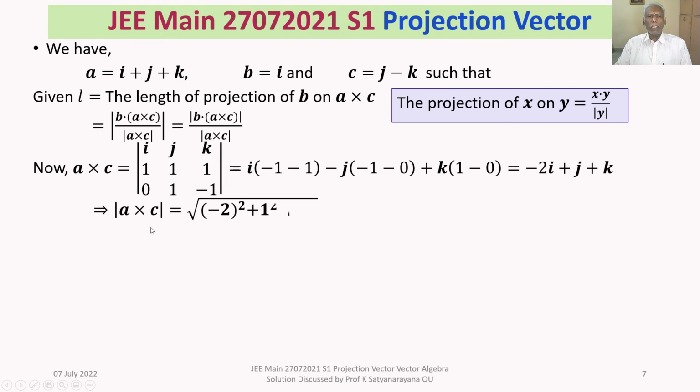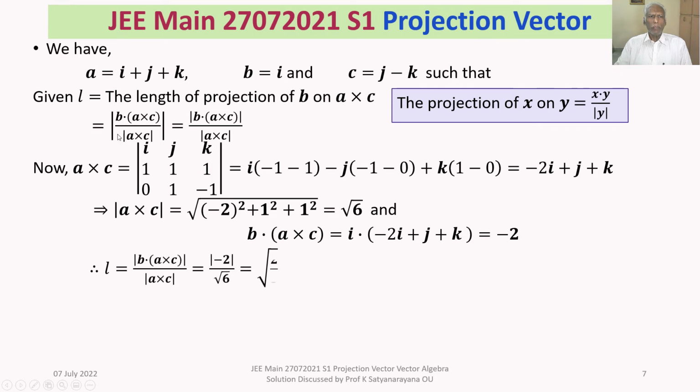What is the length of that A cross C? Mod of A cross C is under the square root of minus 2 square plus 1 square plus 1 square, that is under the square root of 6. Now, B dot A cross C we want in the numerator. B is i, A cross C is minus 2i plus j plus k. Take the dot product, you will get minus 2.